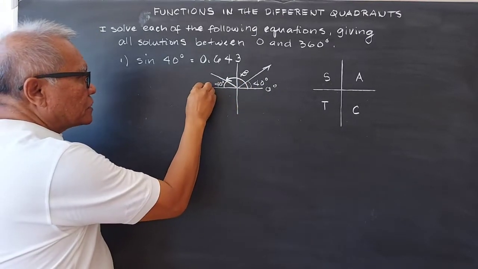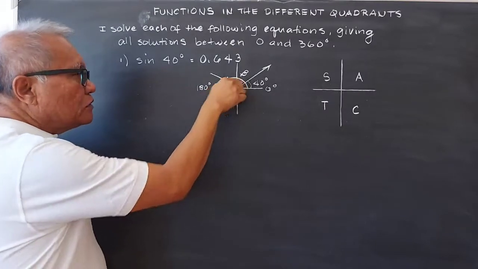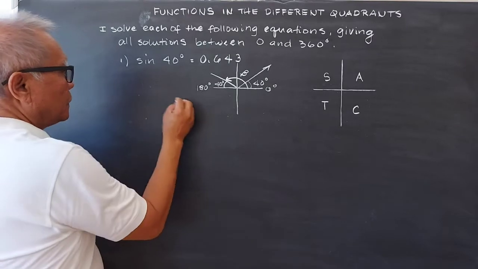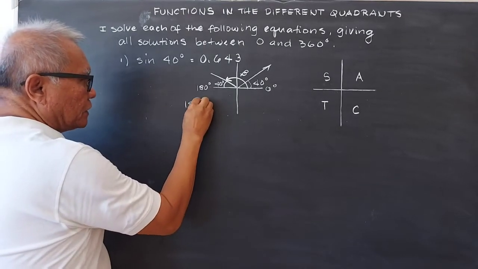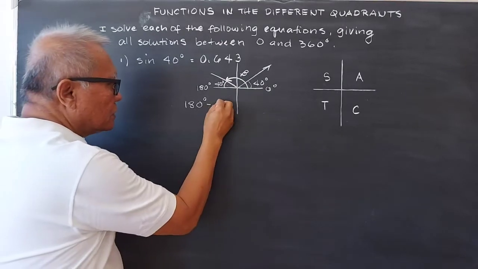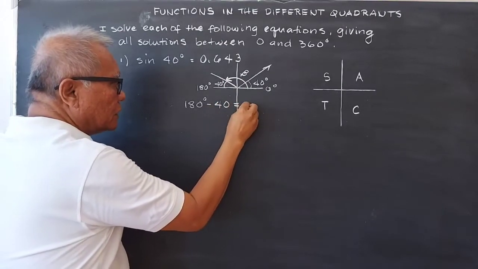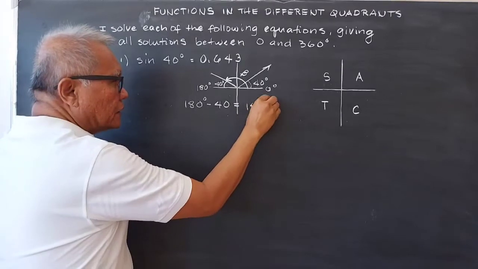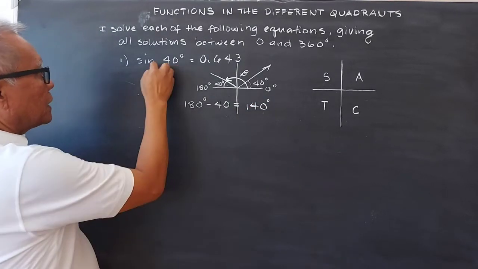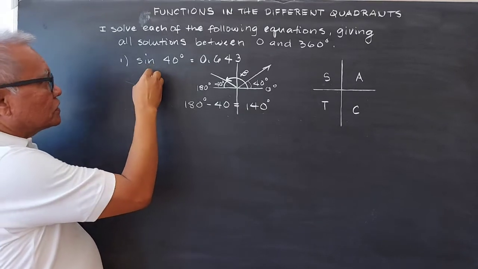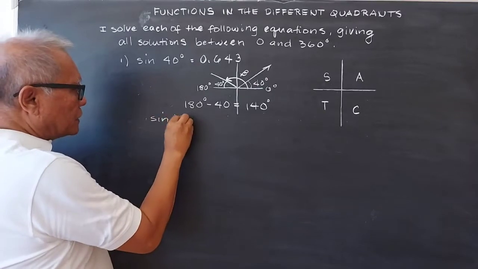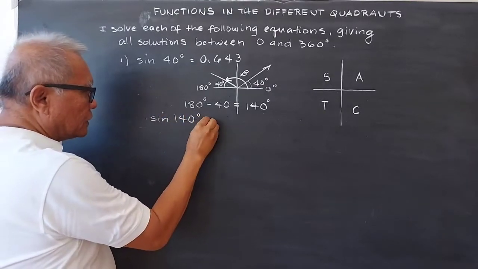So, we know this one is 180 degrees. How do you find that angle which is more than 90 degrees? We have 180 degrees minus this acute angle 40 degrees, so that is 140 degrees. So I can say that an equivalent function to sine 40 is sine 140 degrees.